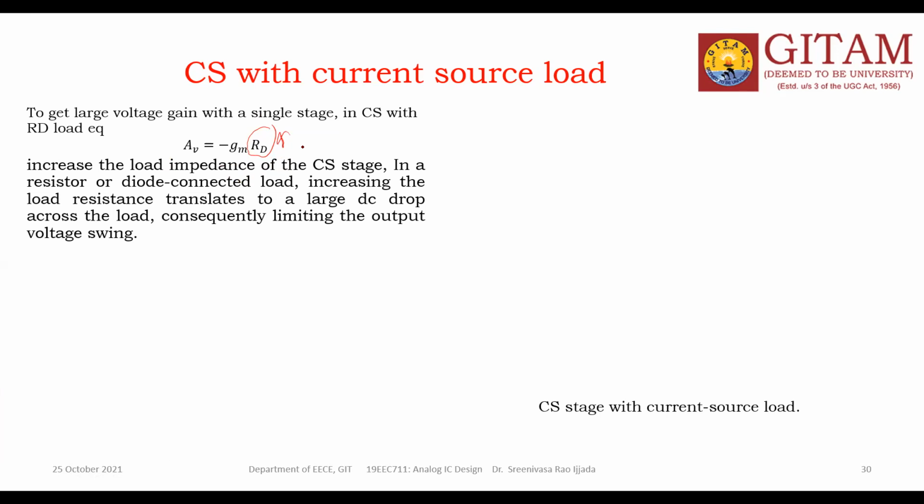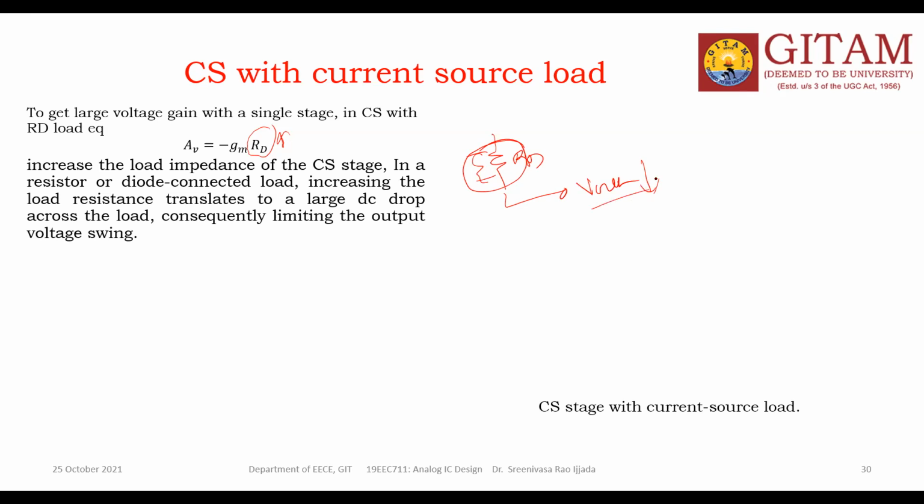Whenever this RD value increases, I told you a number of times, the drop across this resistor increases. So whenever the drop across this resistor increases, your output voltage, which you are collecting at the output node Vout, will decrease. This is known as limiting the voltage swing.